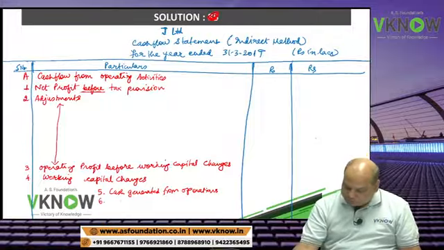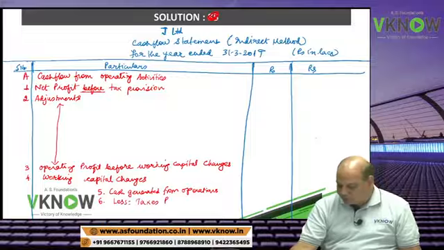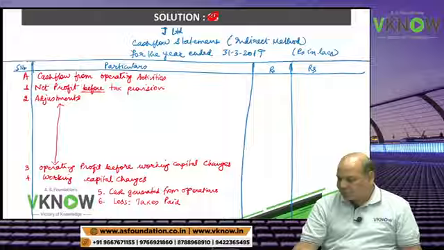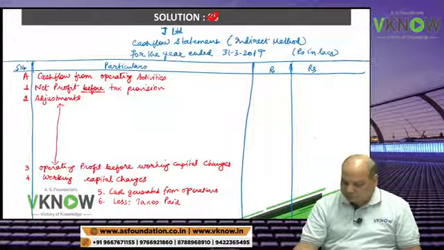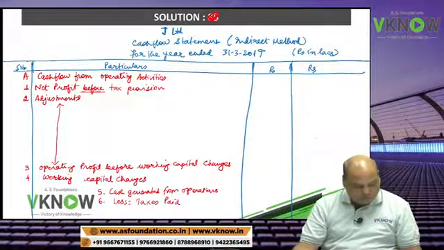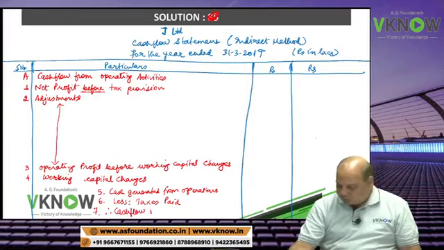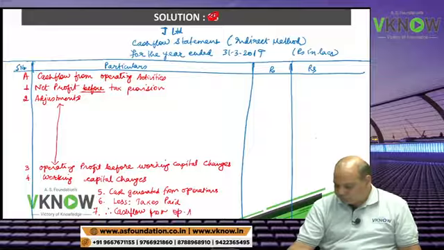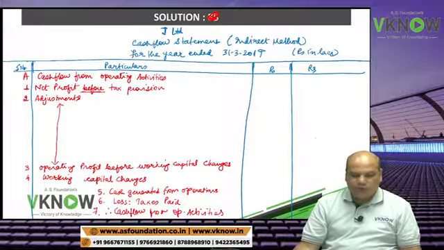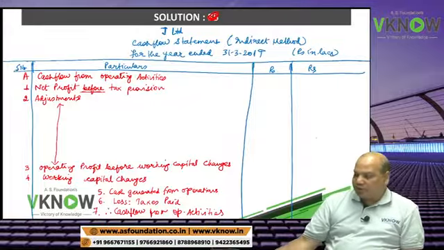Point number 6, write down less taxes paid. And point number 7, therefore, cash flow from operating activities.